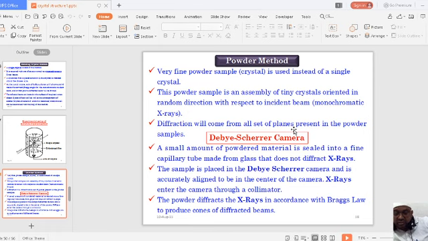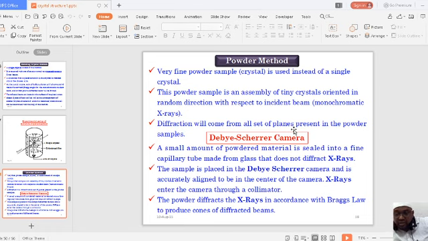And this diffraction comes from all the sets of planes present in the powder sample. The powder sample consists of tiny particles, so tiny crystals with different planes. Whenever you incident the X-ray on these planes, it gets diffracted at different angles. So the diffraction will come from all the sets of planes present in the sample.